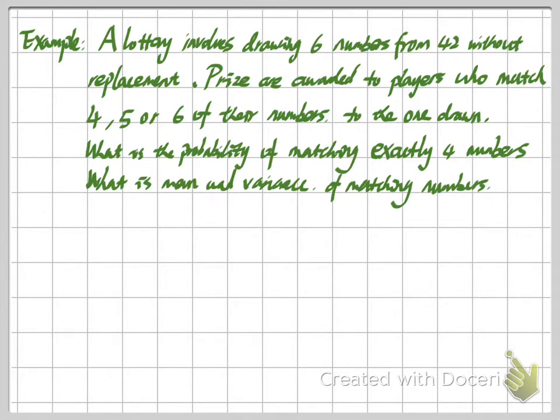Then what is the probability of matching exactly 4 numbers? And then, what is the mean and variance of the number of matching numbers? Okay, so this is an example.